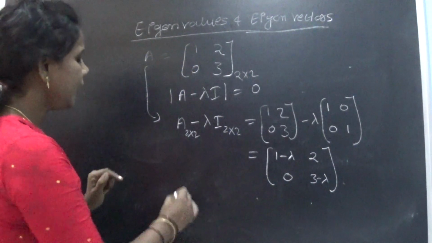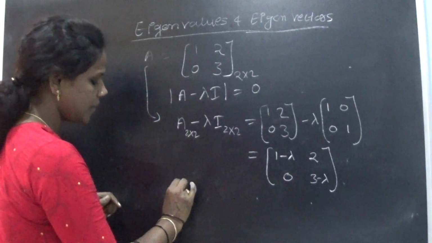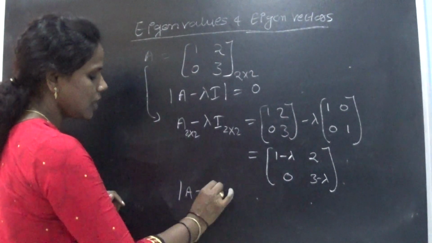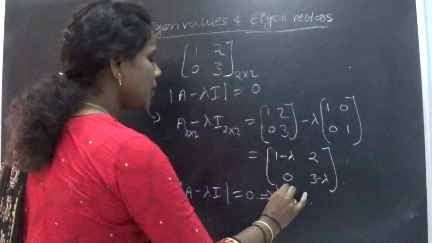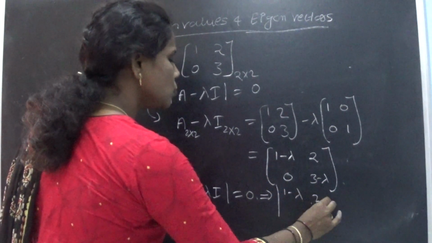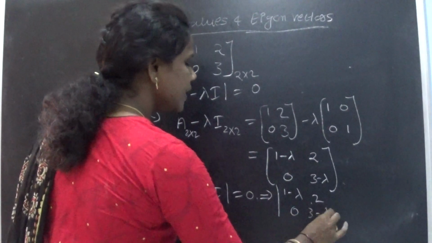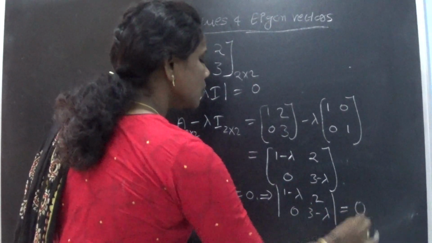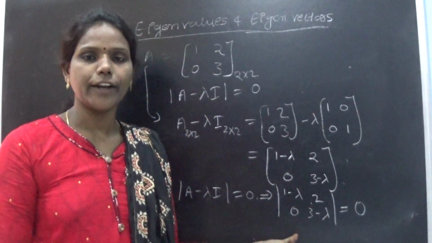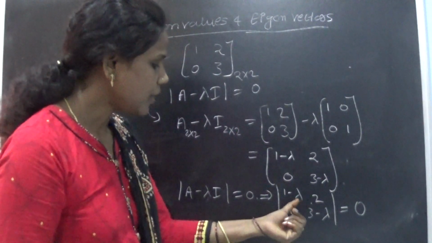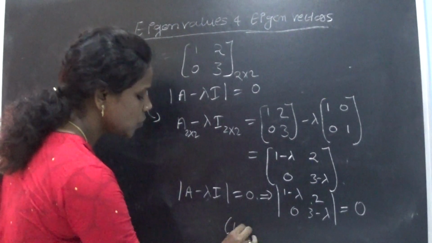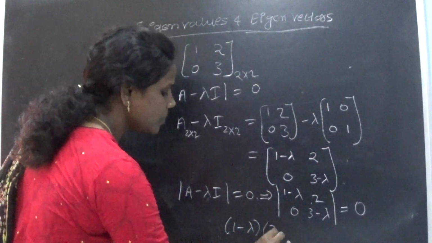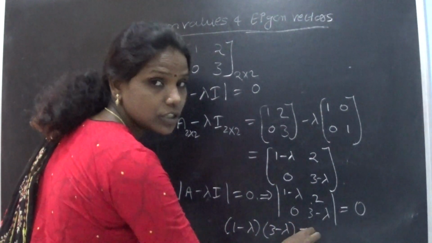Now find the determinant of this A minus lambda I and equate it to 0. That will be the determinant of [1 minus lambda, 2, 0, 3 minus lambda] equals 0. As we know how to find the determinant, it is (1 minus lambda) into (3 minus lambda) minus 0. That is (1 minus lambda)(3 minus lambda) equals 0.